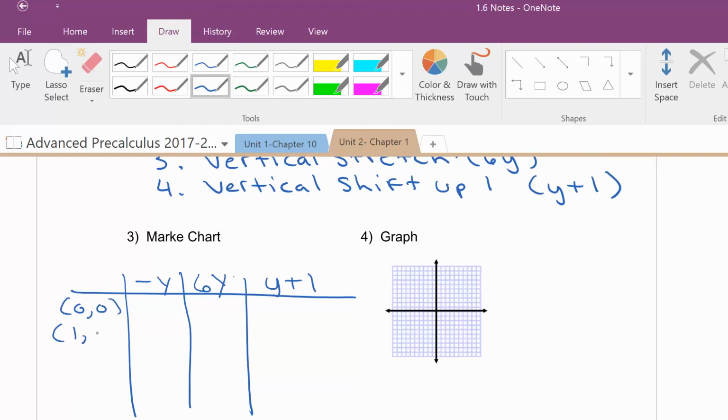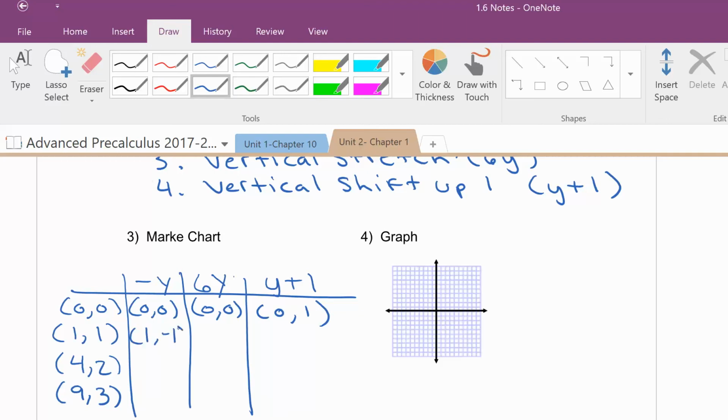So when you graph it, you have 0, 0. 6 times 0 is still 0, and then plus 1 on the y gives you 1.